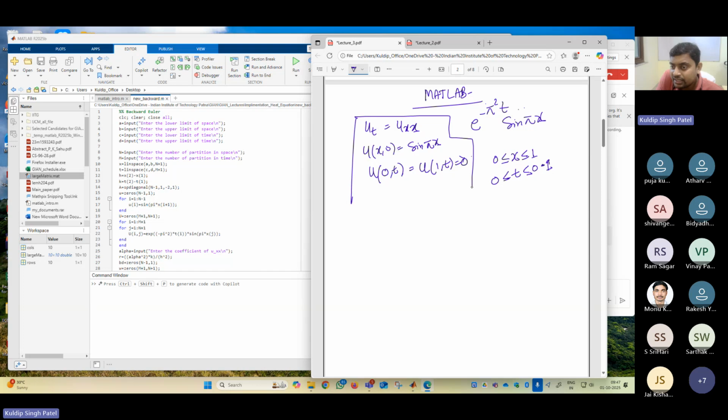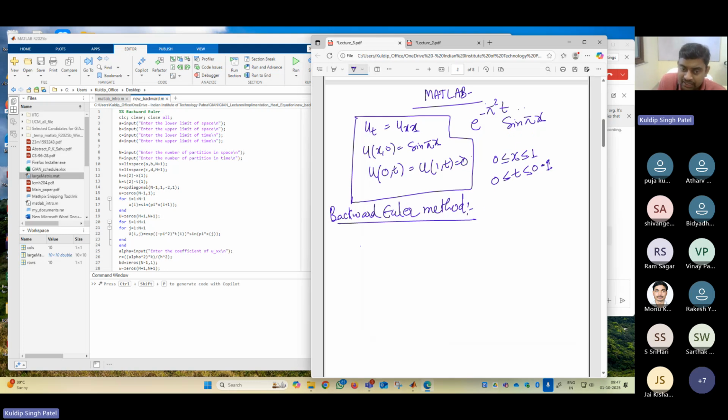Let us try to understand at least one code clearly, so that you all are comfortable. Let us quickly understand the backward Euler method. We are trying to solve it using backward Euler.